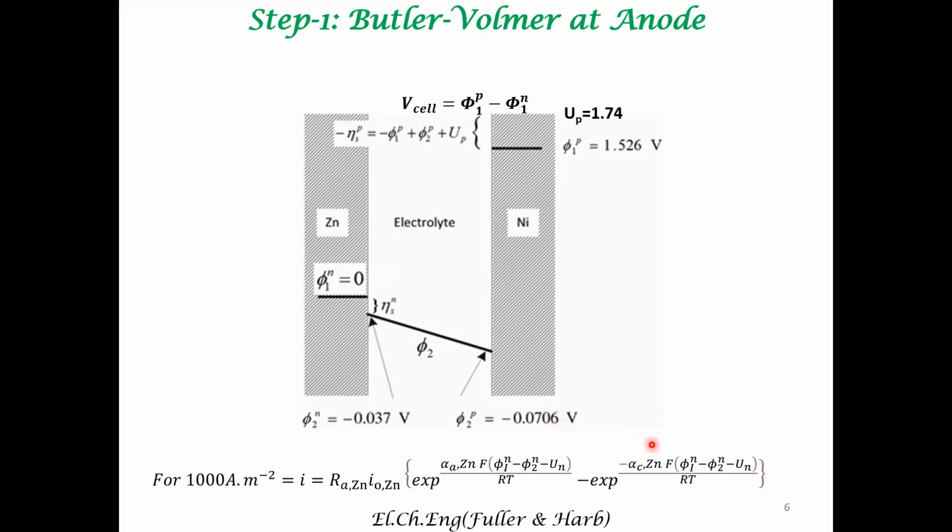That is the only unknown. We can get that quantity. Once that quantity is known, the surface overpotential at the negative electrode can be known. So you can get to the magnitude of this quantity. With this equation, I can get to this value.